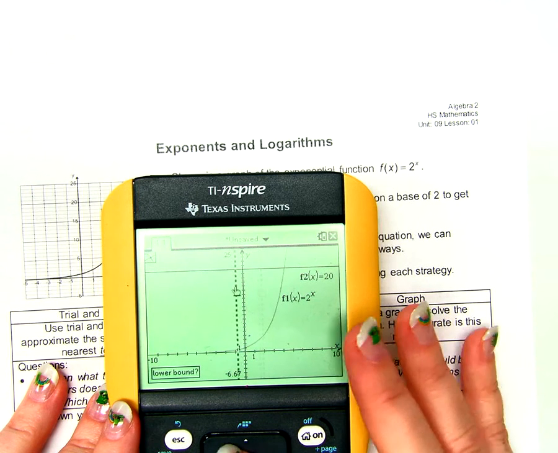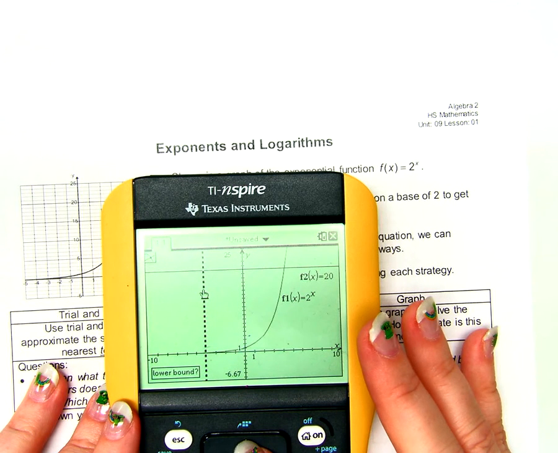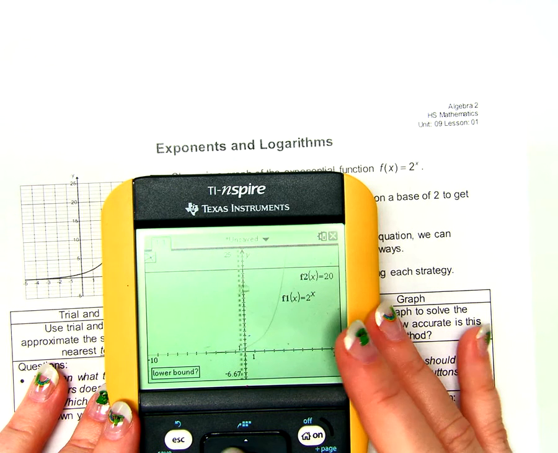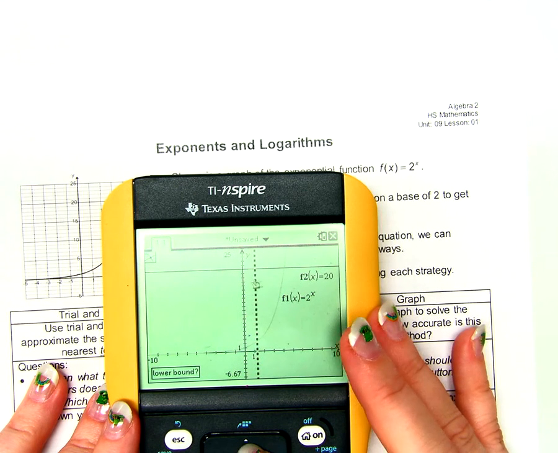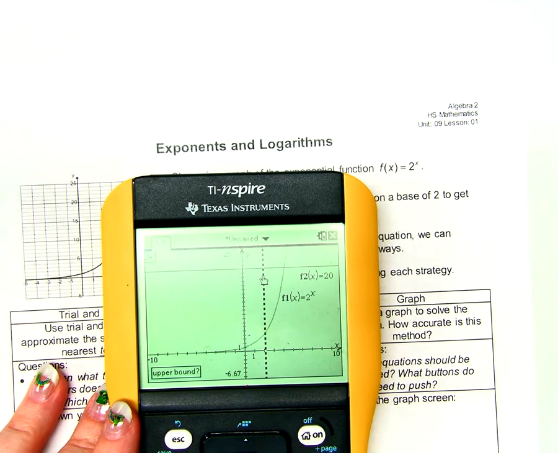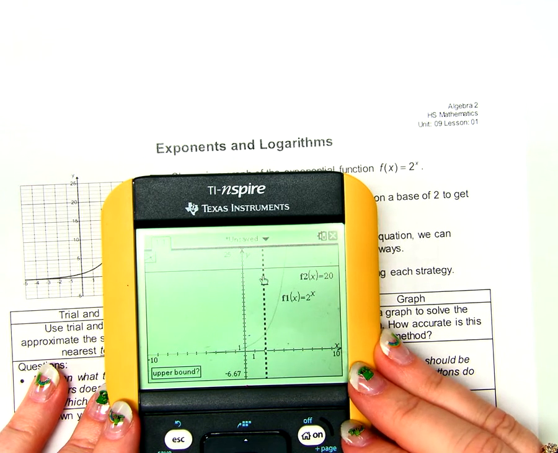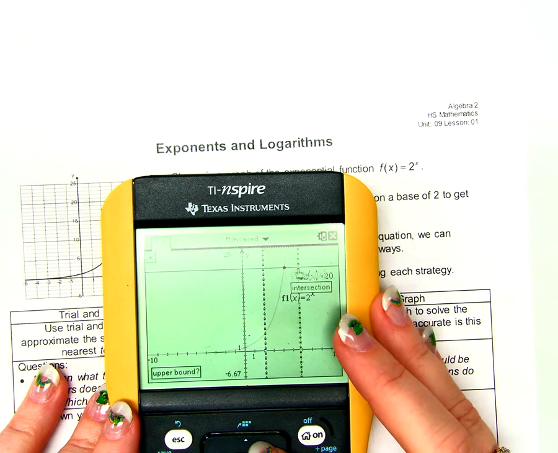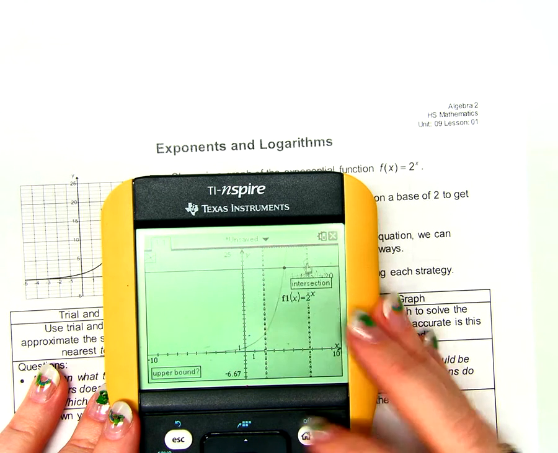But we want to be very clear, right? I want to move it a little bit closer, as long as it's on the left of the intersection though, right? Upper bound? Move it to the right of the intersection. Like right there?